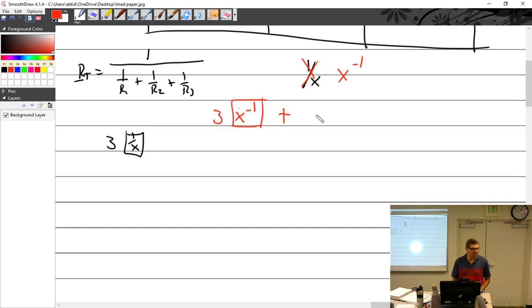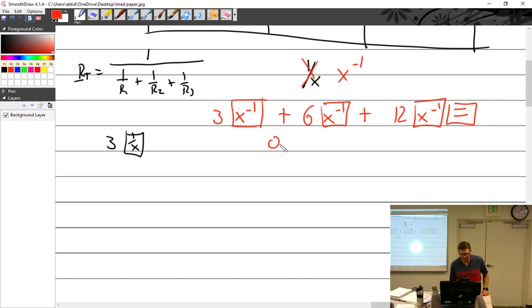Then the plus key. 6, x minus 1, plus, then 12, it's a 1 and a 2, x minus 1. So 3 x minus 1 plus 6 x minus 1 plus 12 x minus 1. Now I'm going to hit equals because I want that number. And what does that equal?